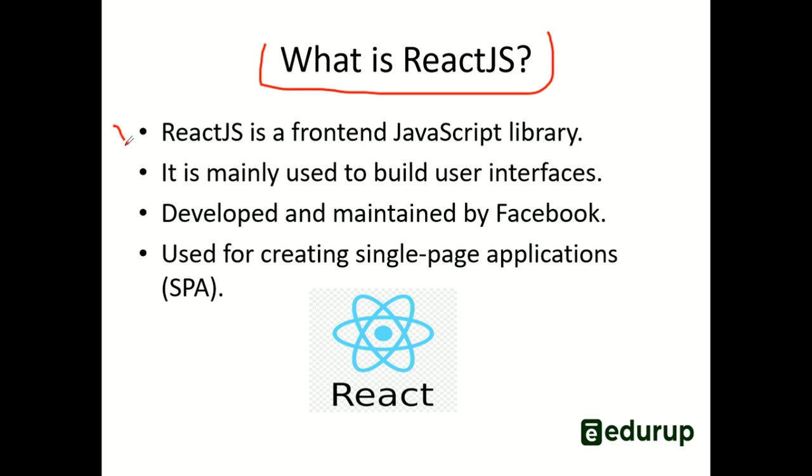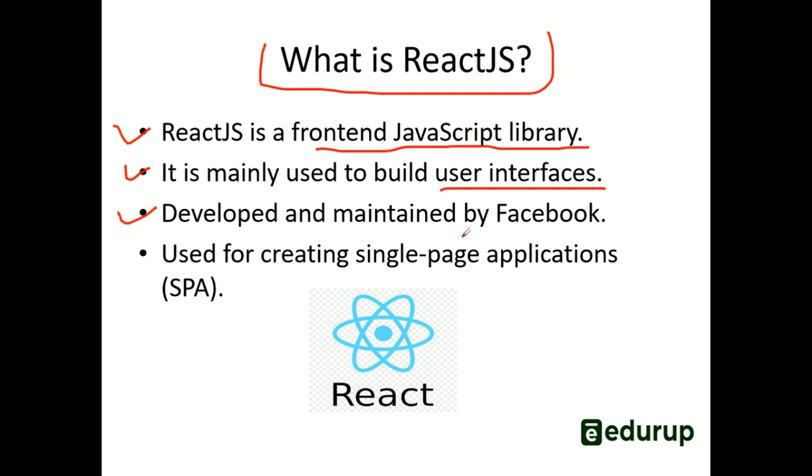Next, I just want to give a brief introduction about ReactJS. ReactJS is a front-end JavaScript library, what we call a front-end JavaScript library. It is mainly used to build user interfaces. User interfaces means UI, so we directly interact with the user; that is the front-end part that we can connect with React.js.